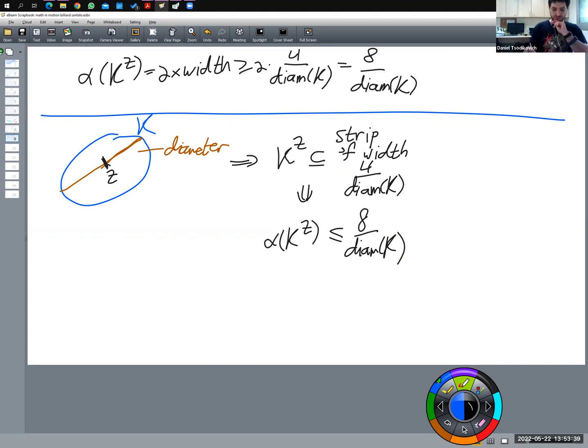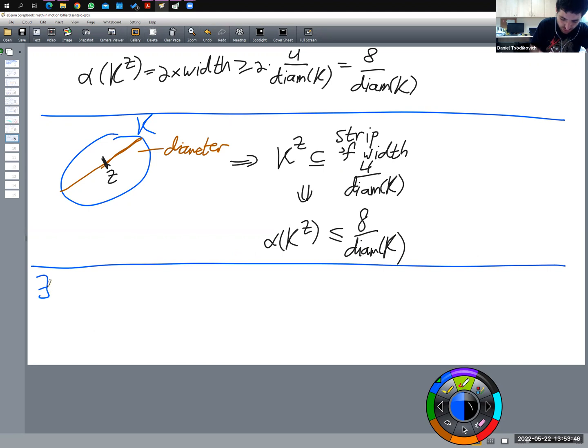So to recap, what we showed so far is that there exists some point where the dual has shortest billiard length at most what we want to show.